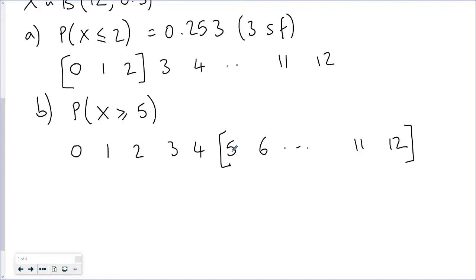Now our calculator can't add up these because our calculator always needs to start adding up at 0. So we're going to use the fact that we know all of these probabilities add up to 1. So we're going to do 1 minus these probabilities here in the curly bracket. So the probability of X being less than or equal to 4.